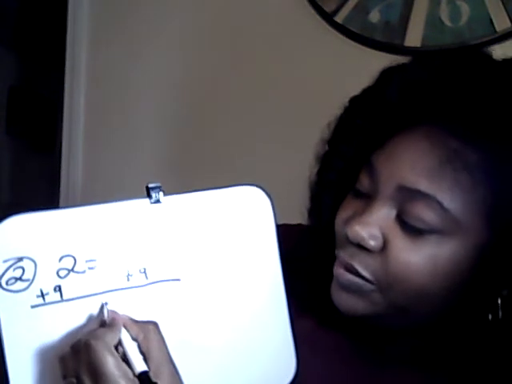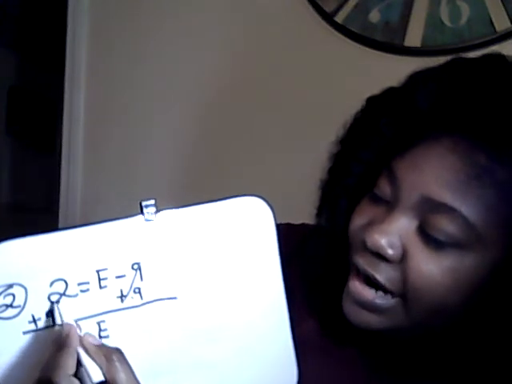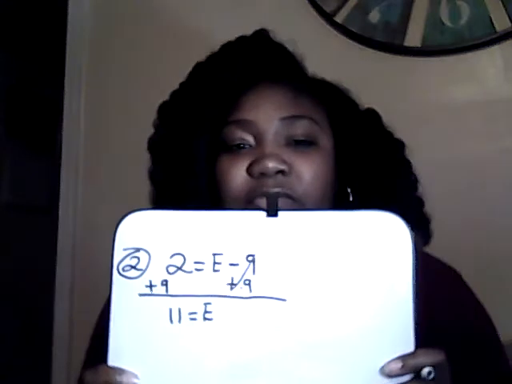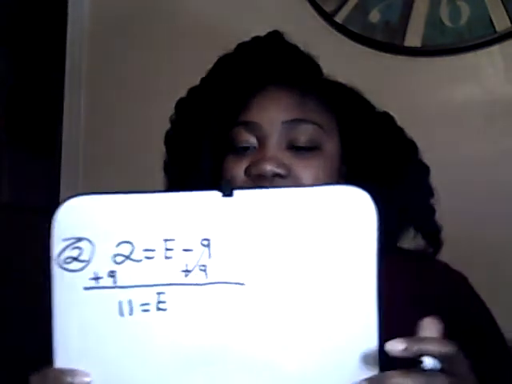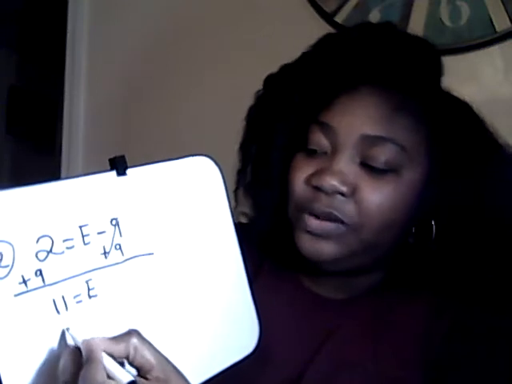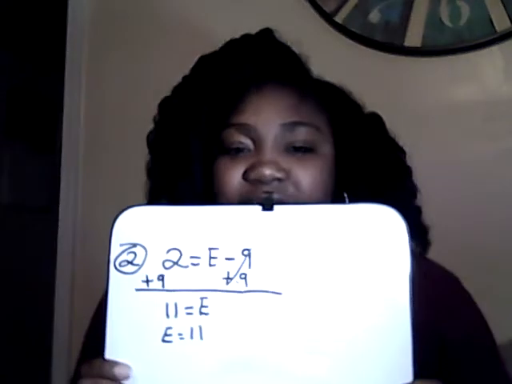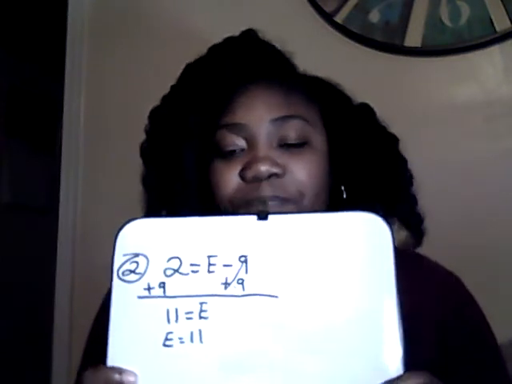So all I'm left with is E equals 9 plus 2, 11. So 11 equals E. And like I said on the last one, 11 equals E, or E equals 11. It's the same exact thing. Same answer, okay? Let's go to the next one.